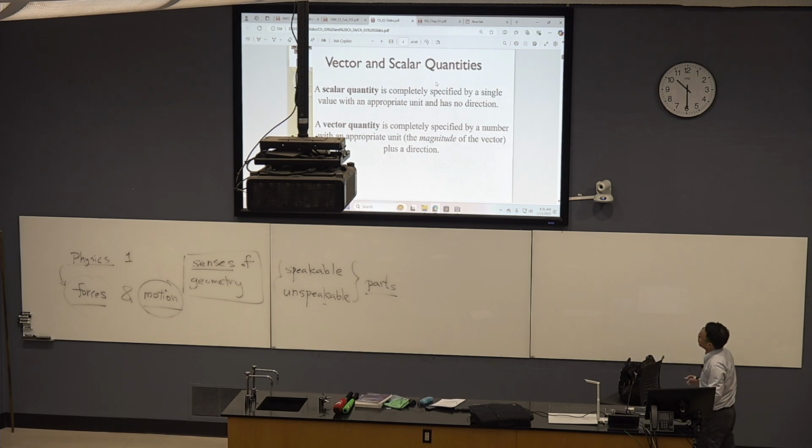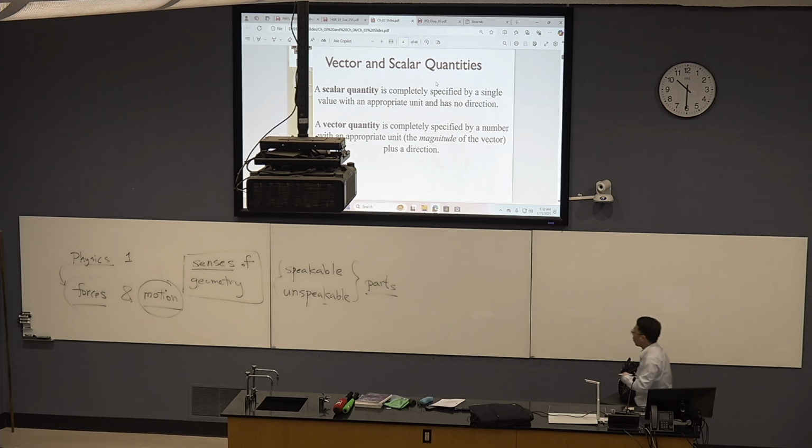So next page. At this point, we are going to consider 2 kinds of quantities. One is called a scalar quantity. The other is called a vector quantity. A scalar quantity consists of a value, a number, and in addition to that number, it also has some appropriate unit.